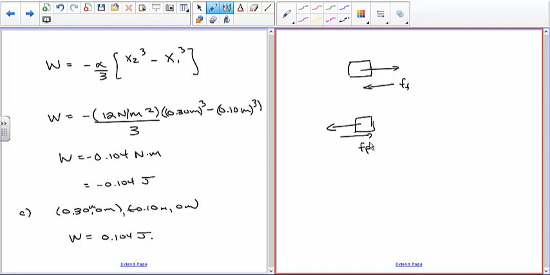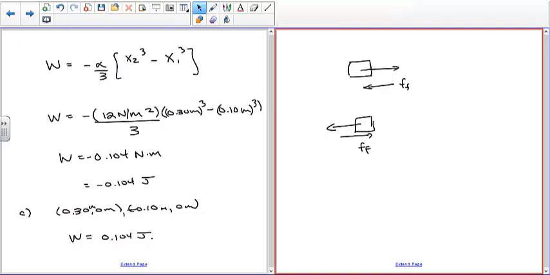Whereas here, between going one way or the other, the friction force changes direction, and so that makes it a non-conservative force. So as long as the force is just based upon the location where you are and not the direction that you're moving, then it's going to be a conservative force.